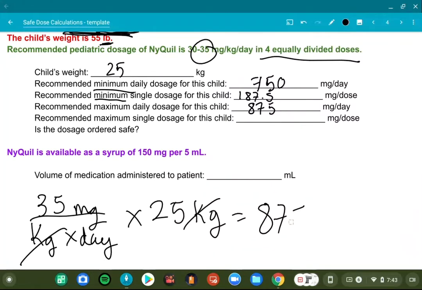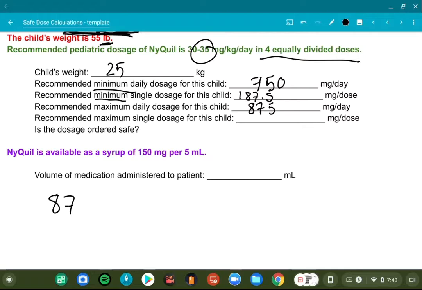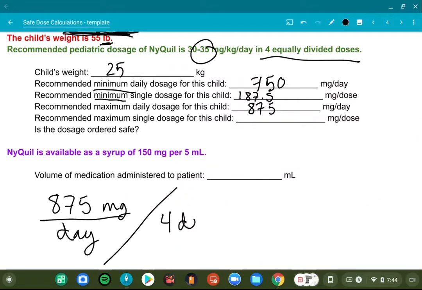And then to get the maximum single dose, how much you give them in that little syrup cup, we divide 875 milligrams per day by 4 doses a day. Days cancel out.